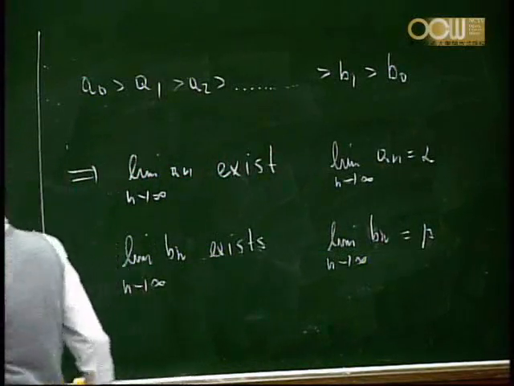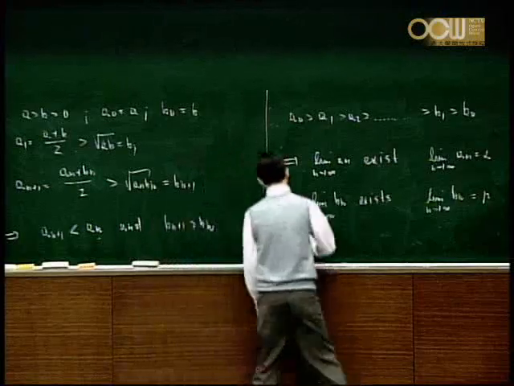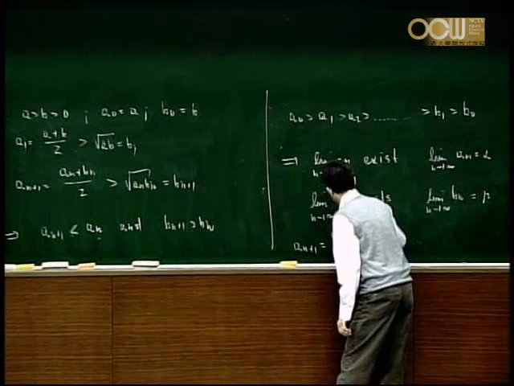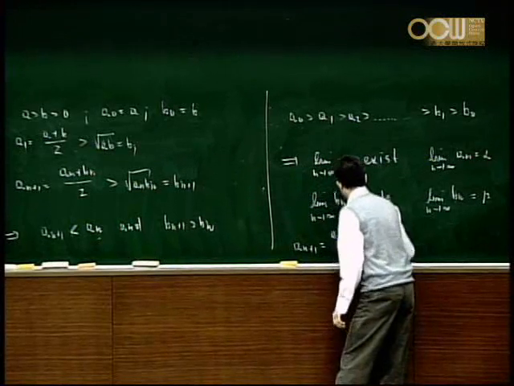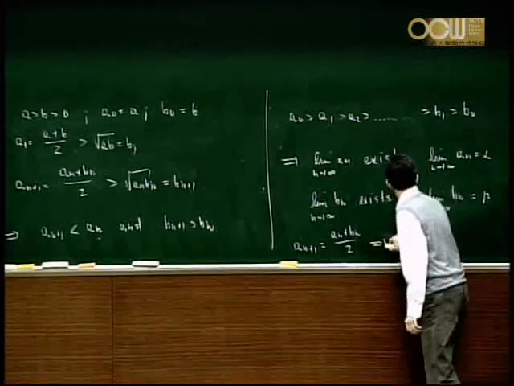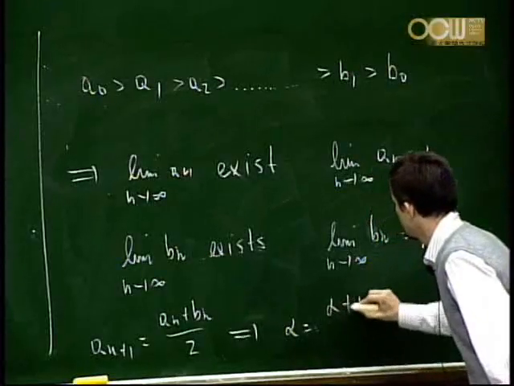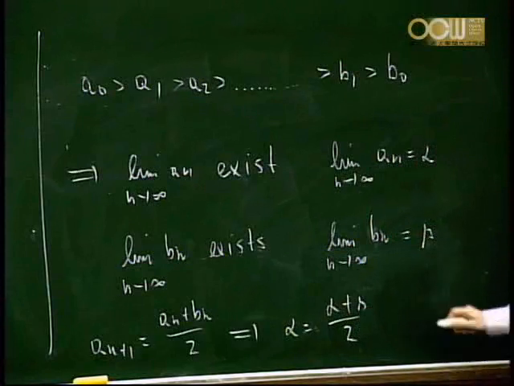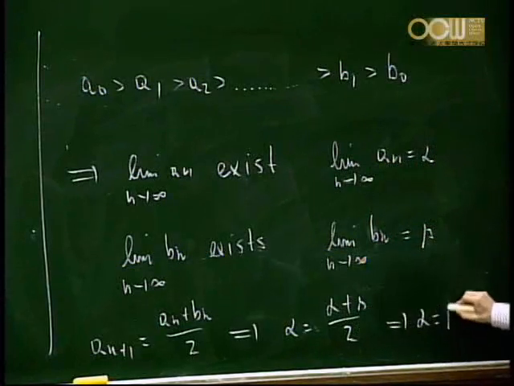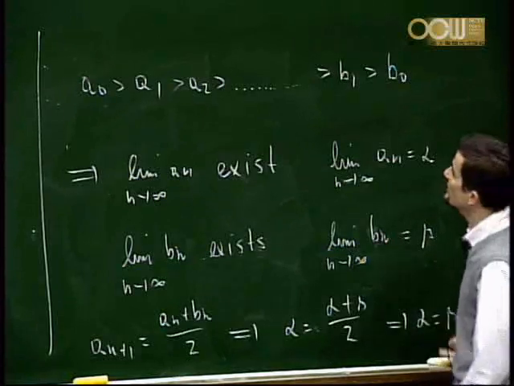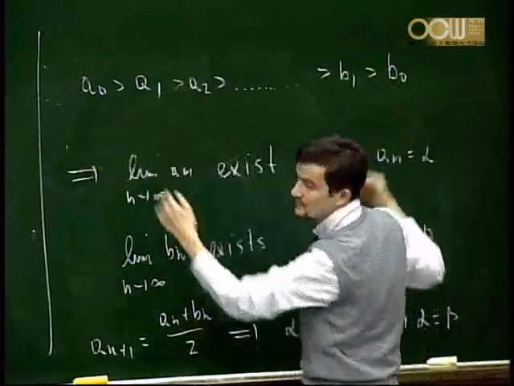We have a_{n+1} equal to (a_n plus b_n) half. By taking limits, we get alpha is equal to (alpha plus beta) half. But this will imply that alpha is equal to beta. So actually, those two numbers are the same. So there is one number sandwiched between all of them.